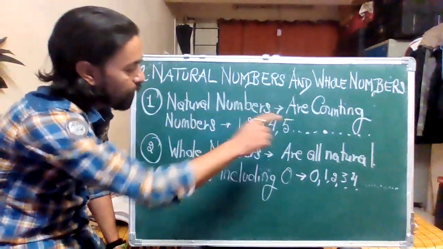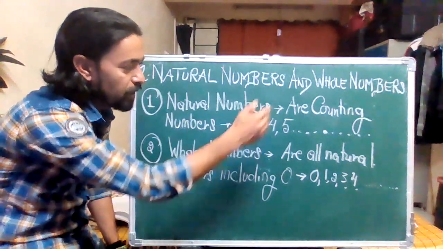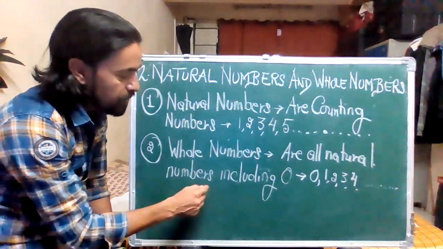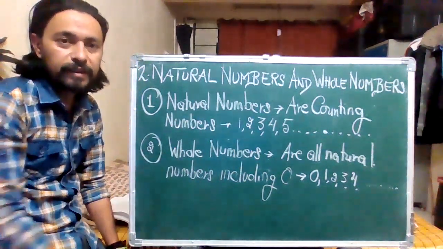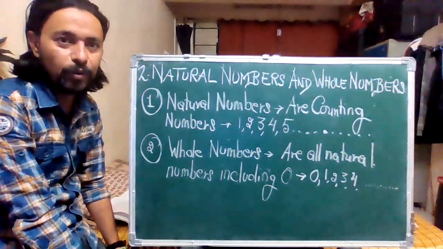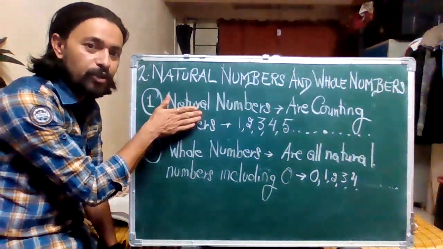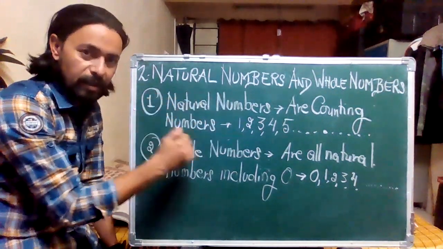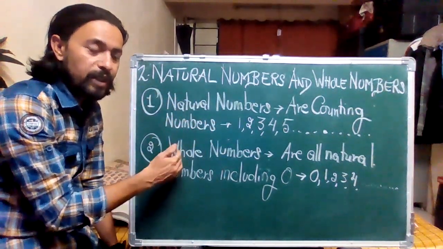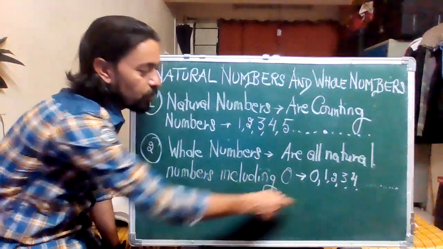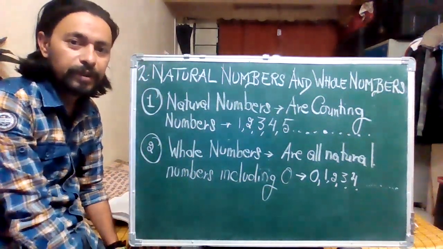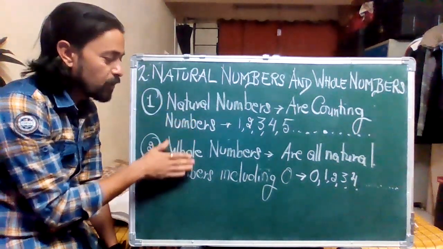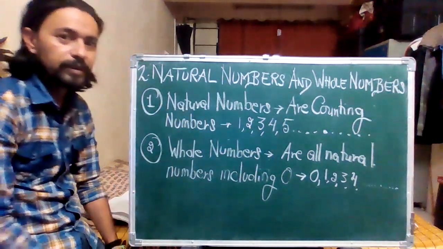So natural numbers are counting numbers, 1, 2, 3, 4, 5, and so on and so forth. Whole numbers are all natural numbers, including 0. That's the only difference between them. Natural numbers are our counting numbers, but when our counting numbers include the number 0, then they become whole numbers. So natural numbers start from 1 and whole numbers start from 0.